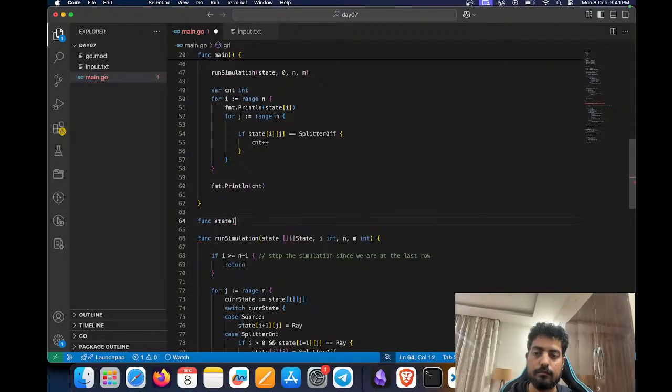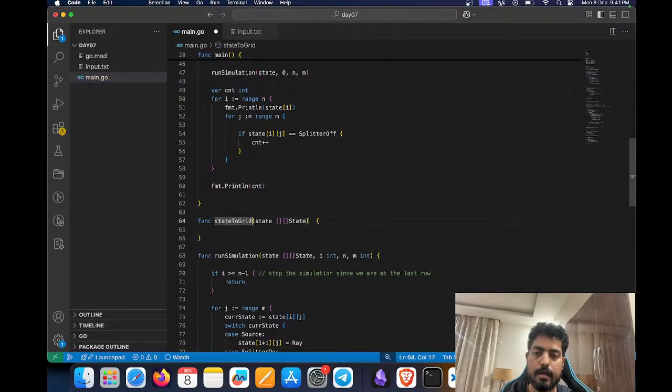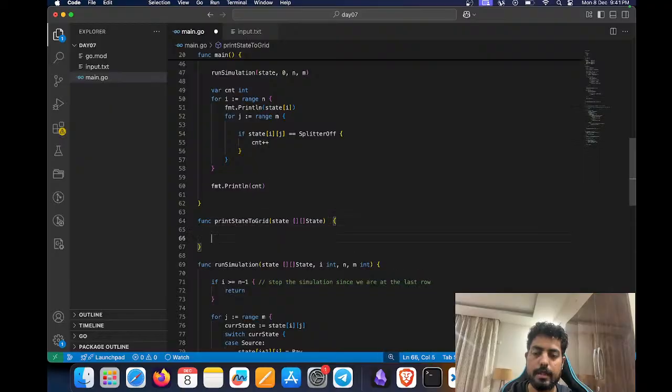So we have this state to grid function which takes in the state array, and it also prints state to grid.